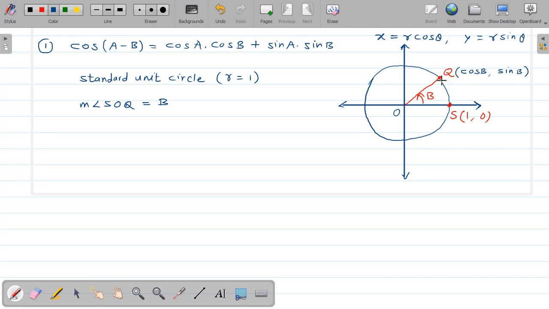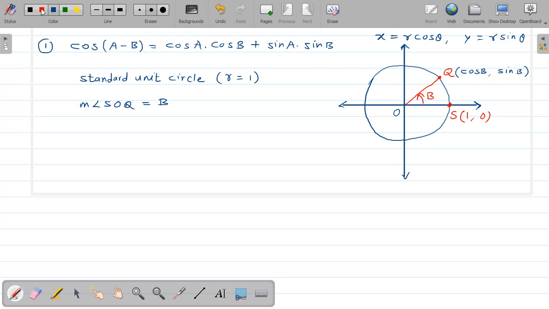We consider the point Q as per our convenience on the circumference of a circle, and if we join OQ, then we get the angle B, which is measured from the positive x-axis. And with respect to that angle B, the x coordinate of point Q will be cos B and the y coordinate will be sin B.